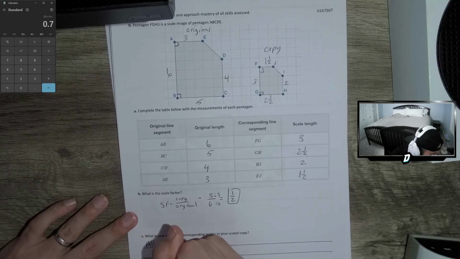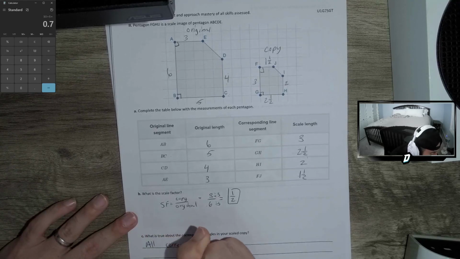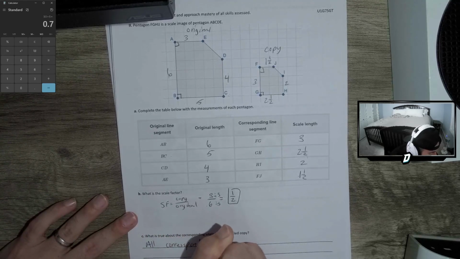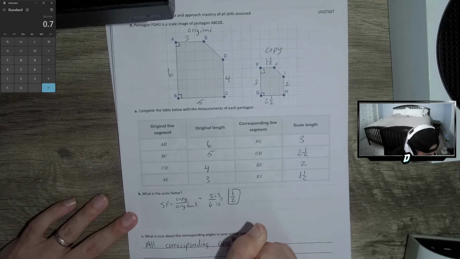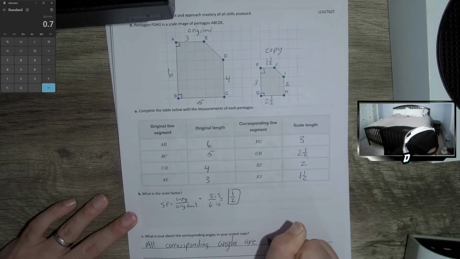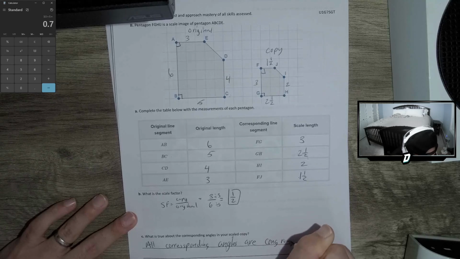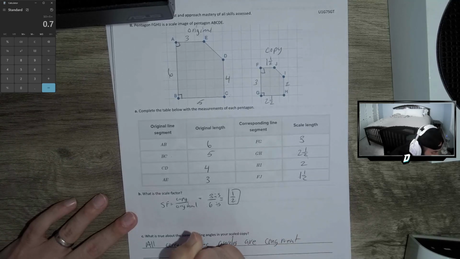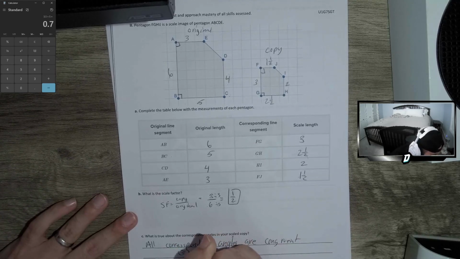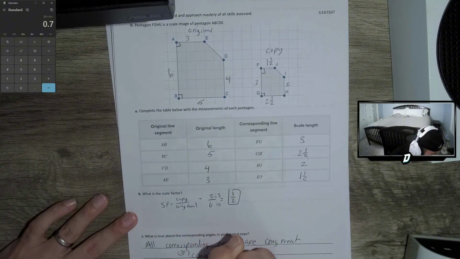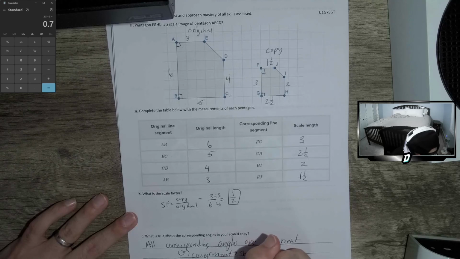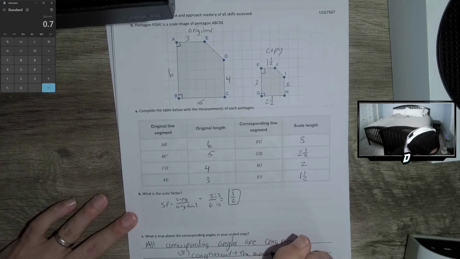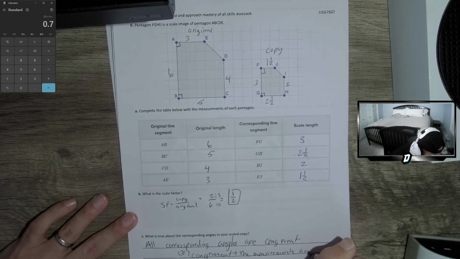So we would say all corresponding angles are congruent. And what the word congruent means is that the measurements are equal.